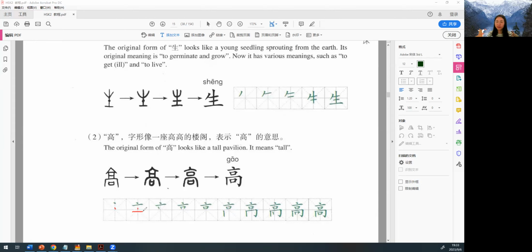Remember, always from the left to the right. All right, so like this. Sorry, I'm writing it with the mouse, so it should not be very beautiful. But this one, you do it one time.